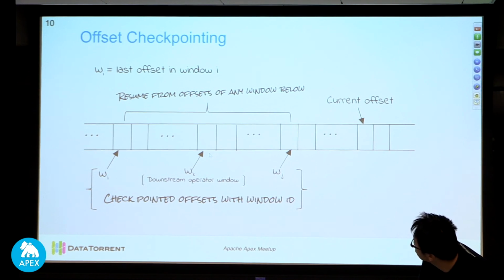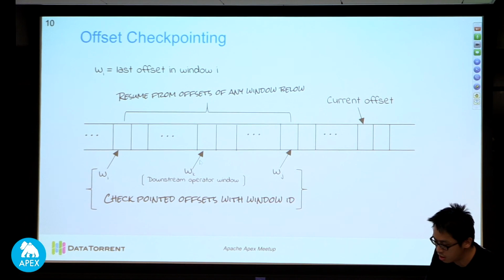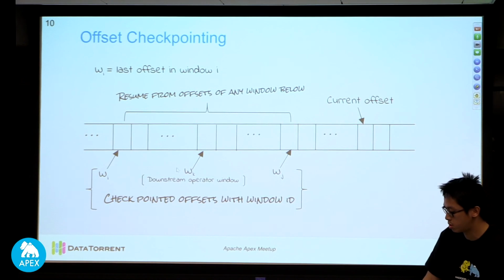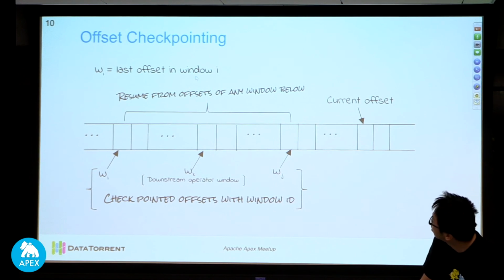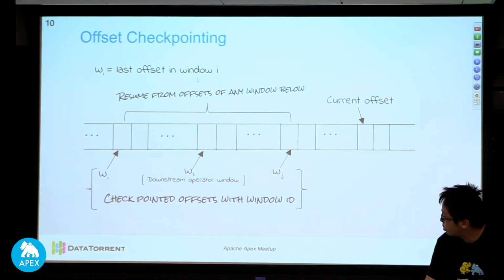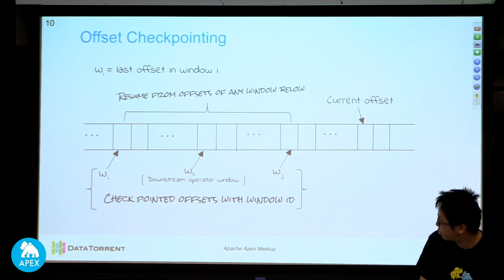We want to bring it back at this state. Because the history offset along with the window ID are checkpointed, when Apex brings the instance back, it will restore those states, and then the new instance will be able to resume consuming data from this window.